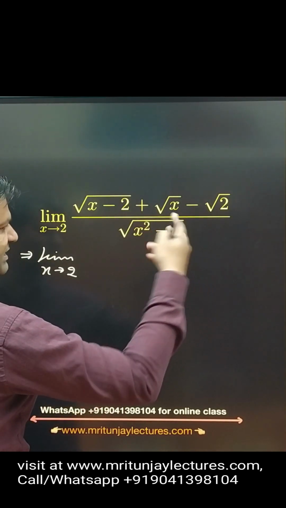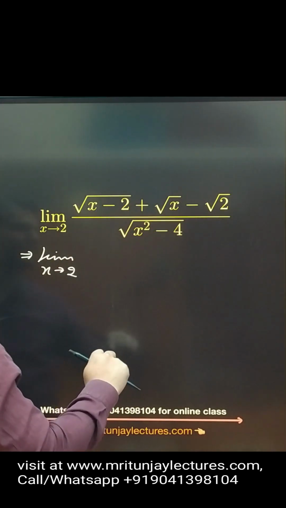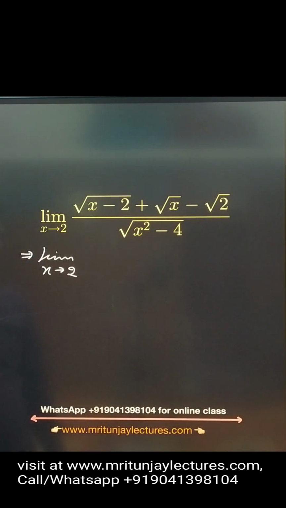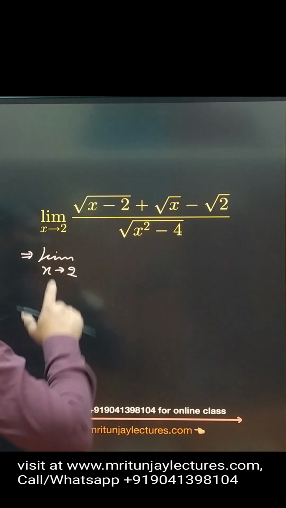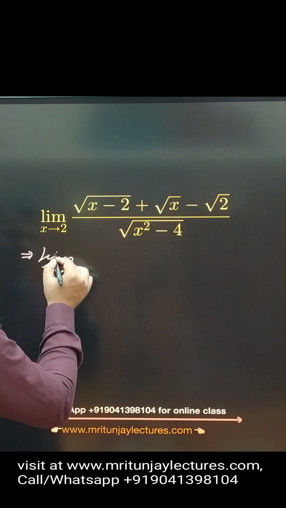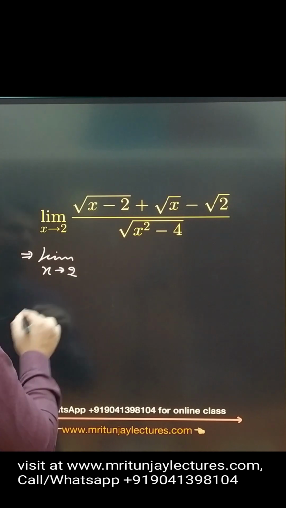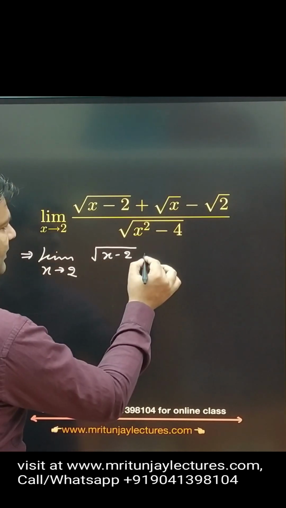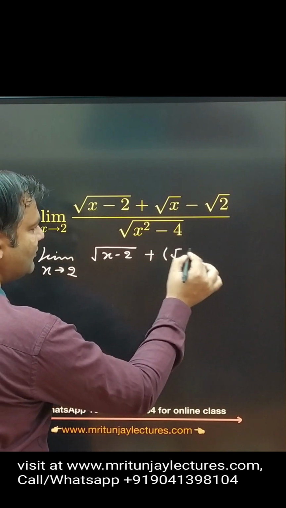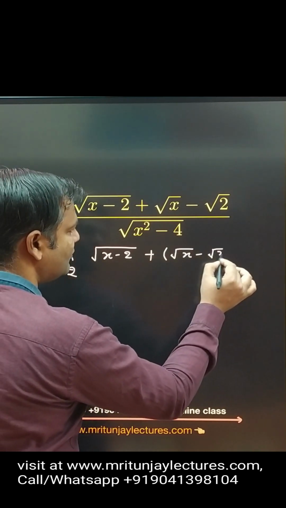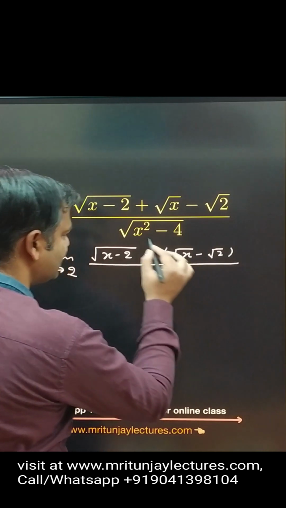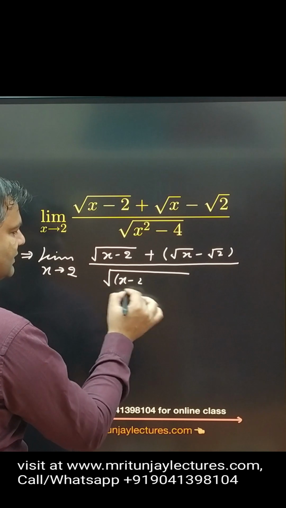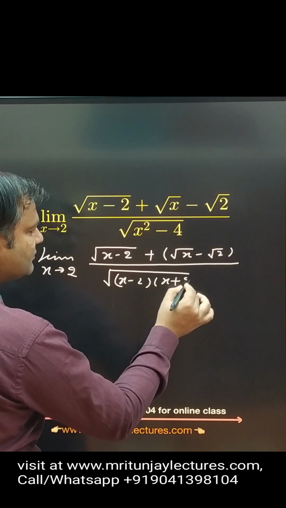So you can solve this question with the help of two methods. First one is the conventional method and second one is L'Hospital rule. If you solve with the conventional method, then how can we do? Simply write limit x tends to 2 of under root x minus 2 plus under root x minus under root 2, divided by x minus 2 into x plus 2.